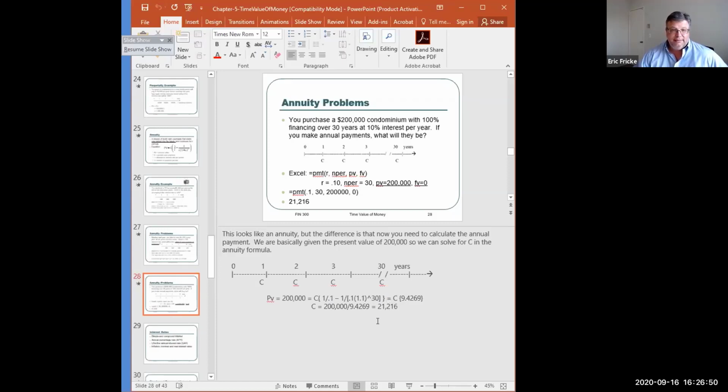and we end up getting a little algebra, basically. And then we solve for C at the end, right?